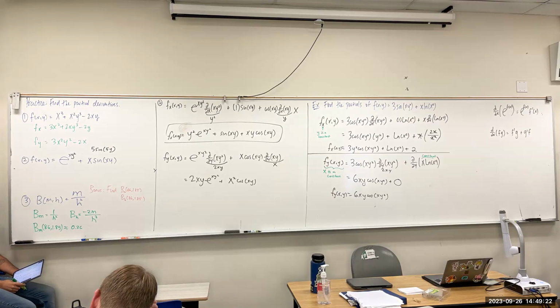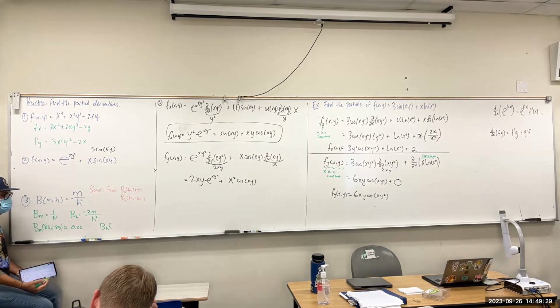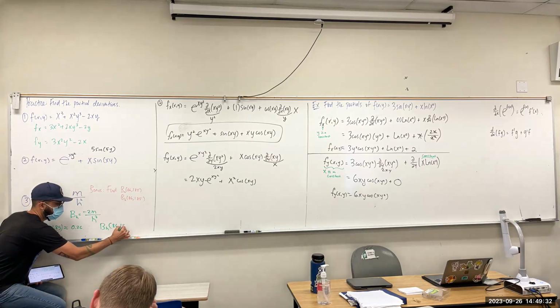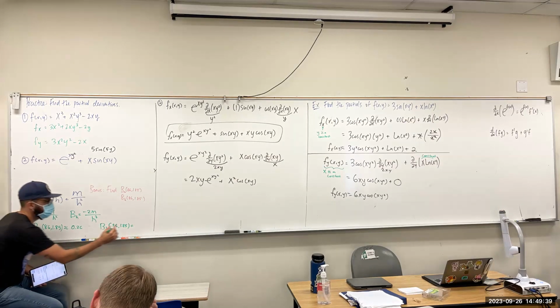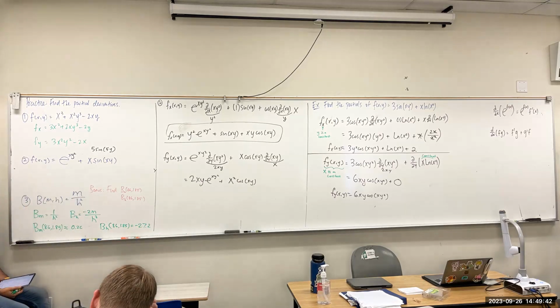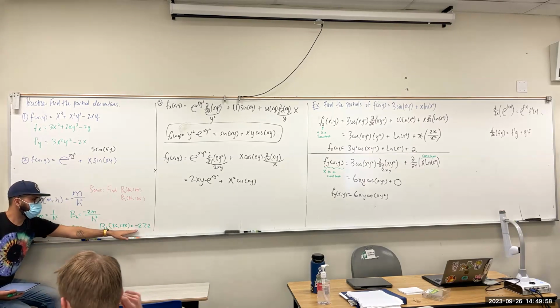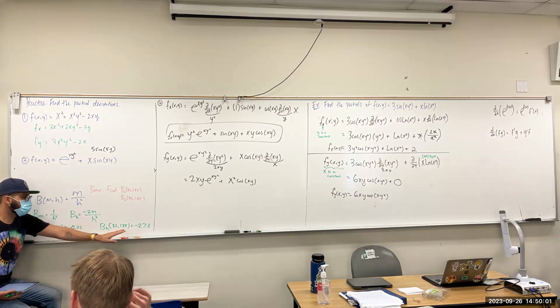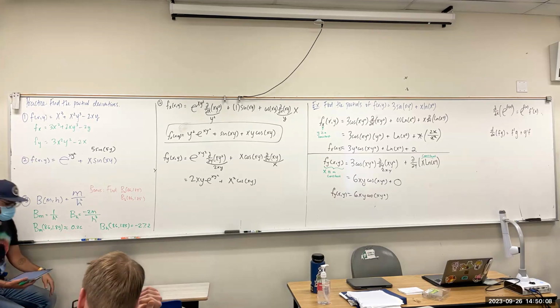Versus if I plug it into this function, and I see how my body mass index is changing if I get a little bit taller, it's going to be negative 27.2. So which parameter affects the BMI the most? Height or my mass? Height. If I change my height just a tiny bit, my BMI really decreases by a large value. But if I gain a little bit of weight, it only increases by a little.